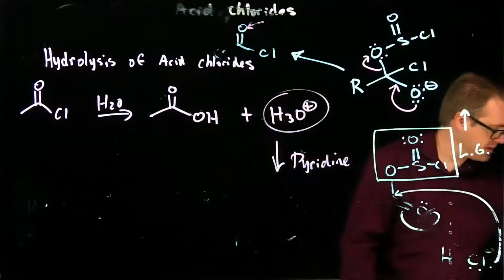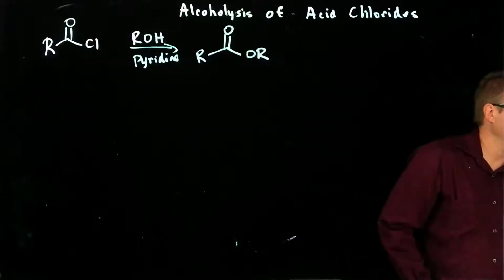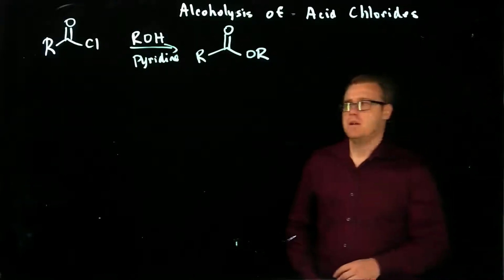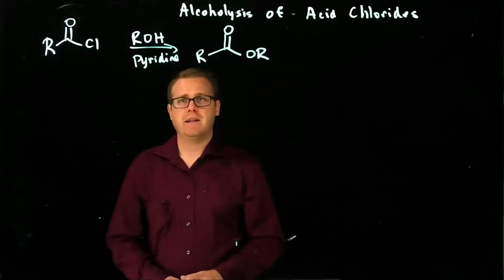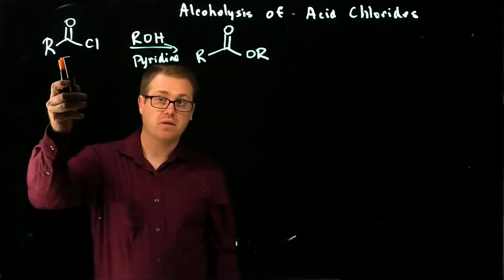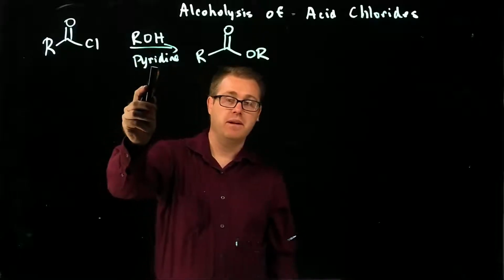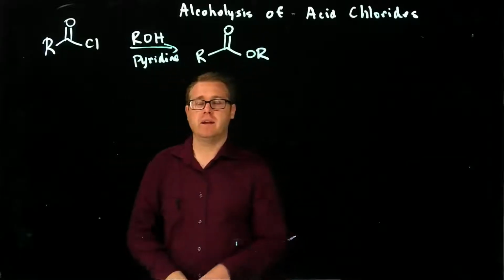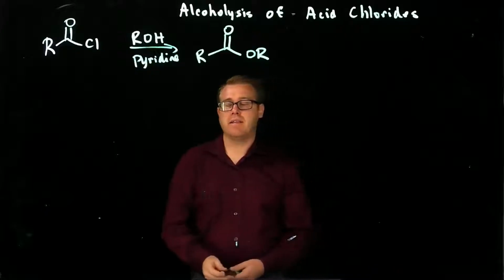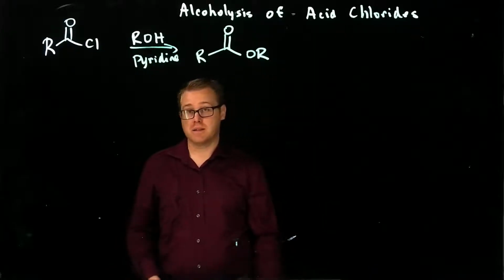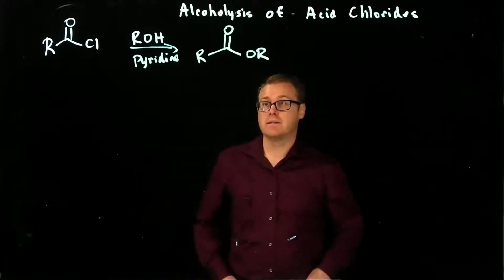So that's what our next reaction is. So the next reaction that we're going to look at is taking an acid chloride, treating it with an alcohol with a little bit of pyridine to generate our ester. And this reaction is called an alcoholysis of acid chlorides.